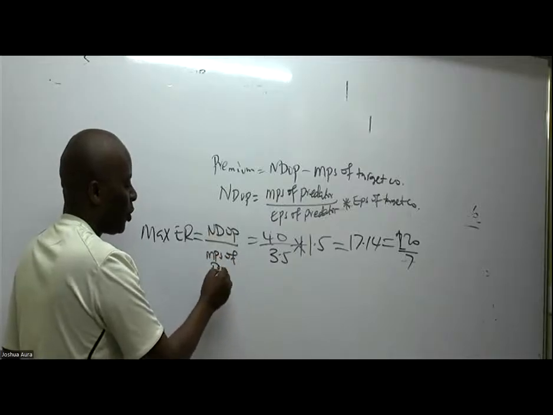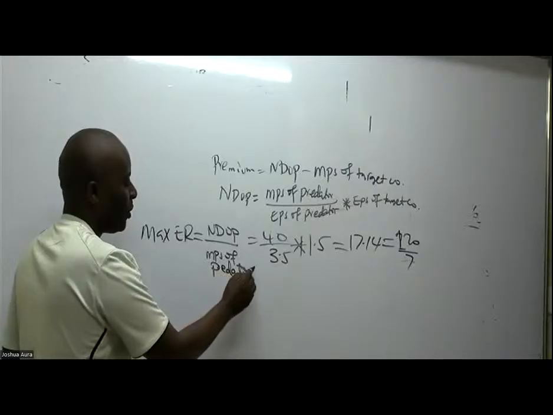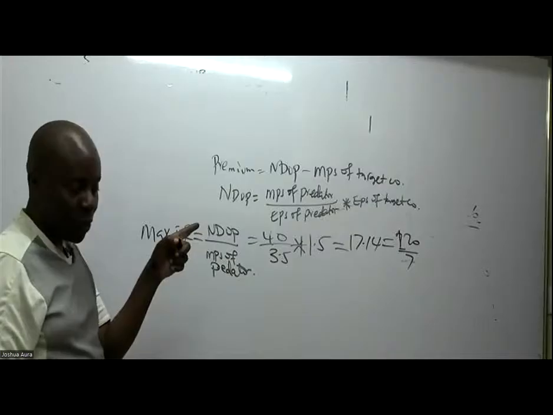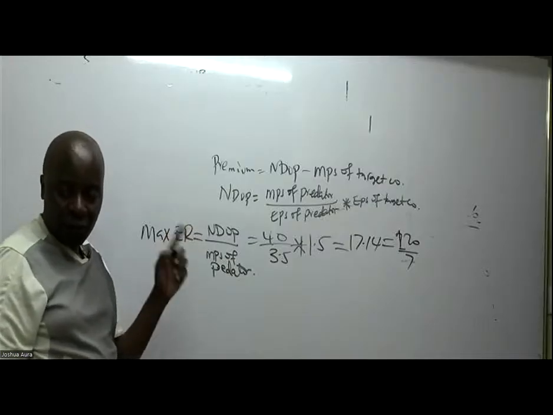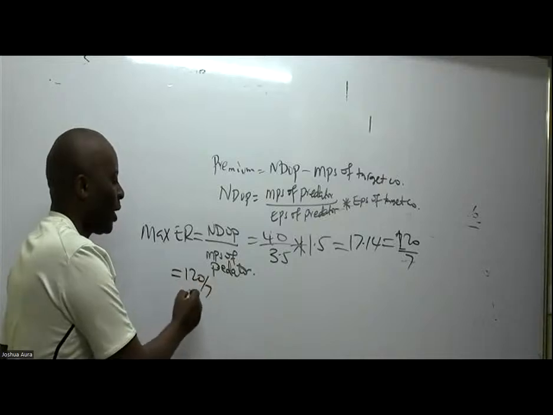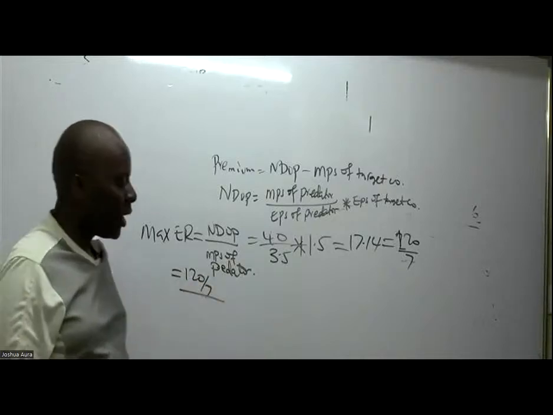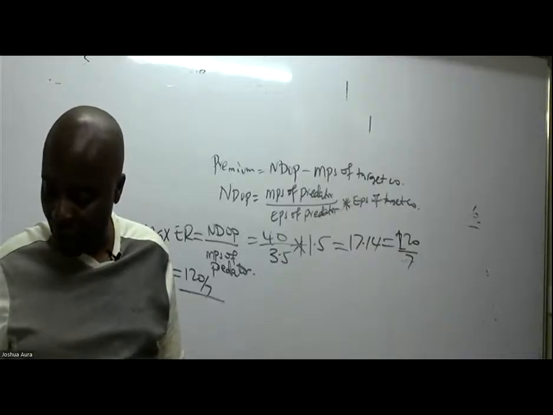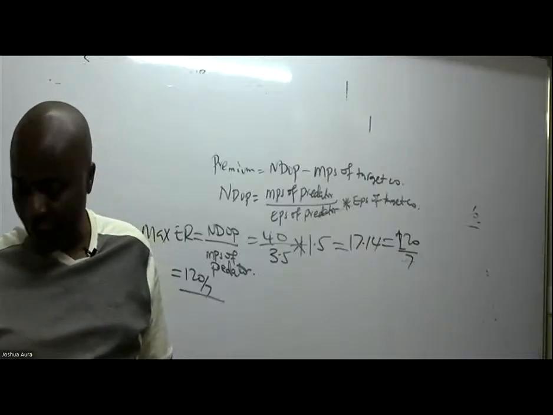If you want to use this formula, you have to be very careful with the fractions. So you come and talk about DOP is 120 over 7. Now you divide this by what here? MPS of the predator, which is 40.